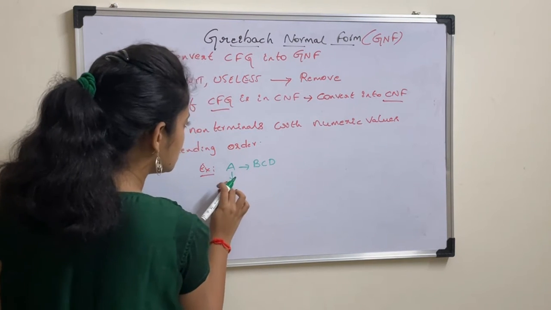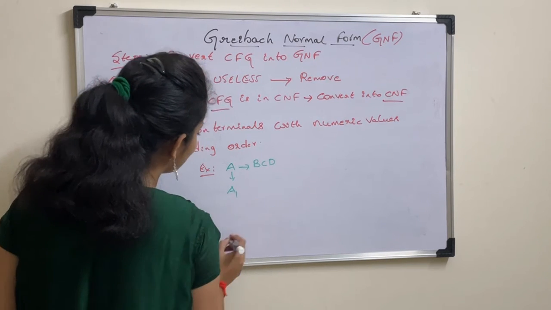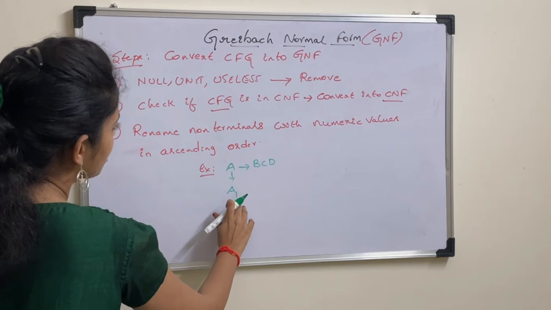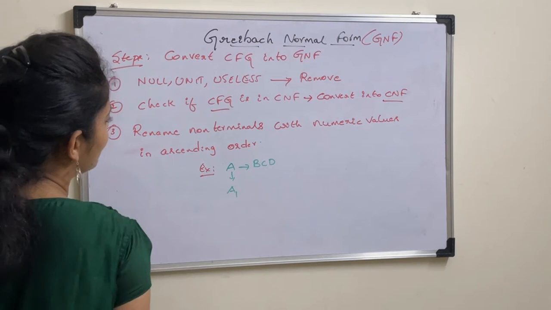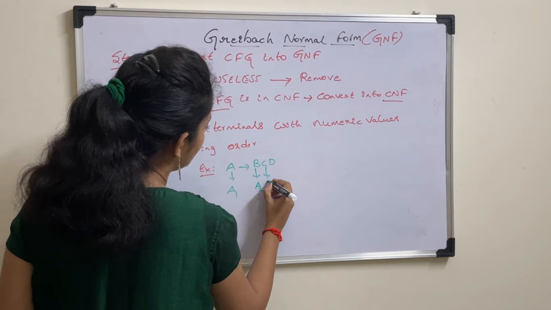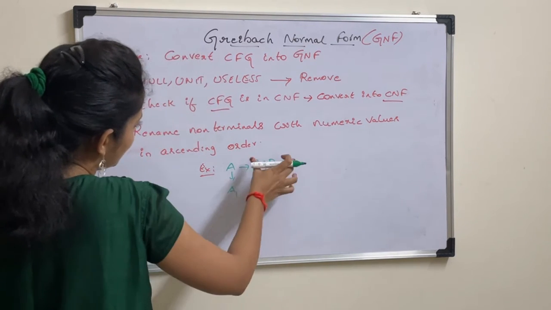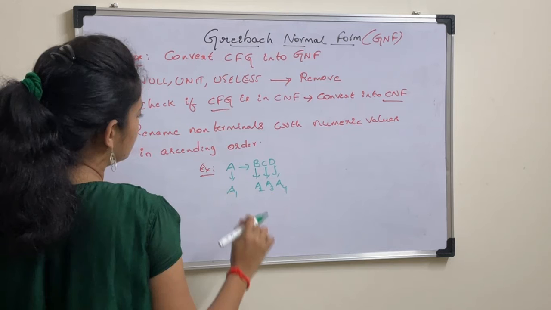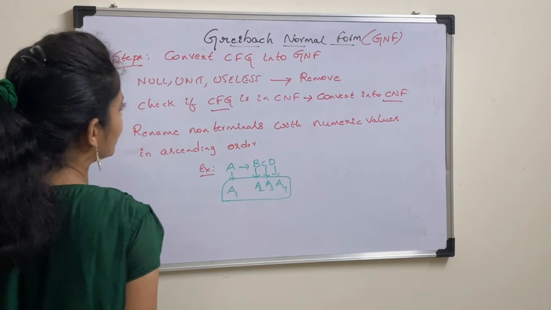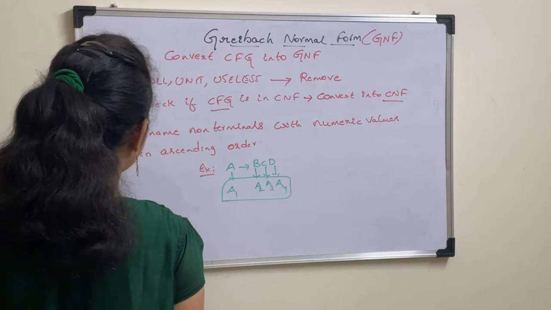A is the first symbol in this production, so it should be given the name A1. Numeric values should start with 1, followed by 2, 3 and then 4. So this production is now converted into this production, with numeric values given to the original production.